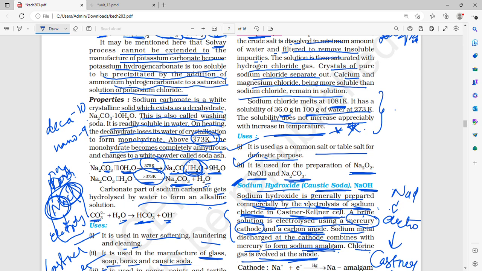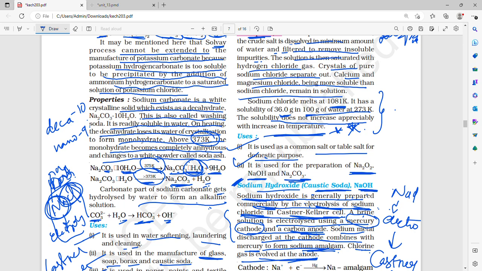So Na2CO3.10H2O, or washing soda, when heated below 373 Kelvin forms sodium carbonate monohydrate, Na2CO3.H2O, giving out 9H2O. But if we heat it above 373 Kelvin, it forms a white powder called soda ash, and it becomes completely anhydrous.